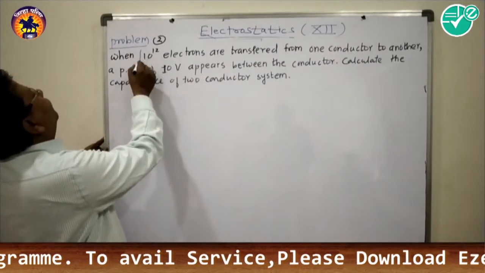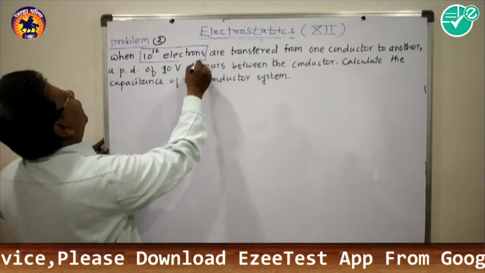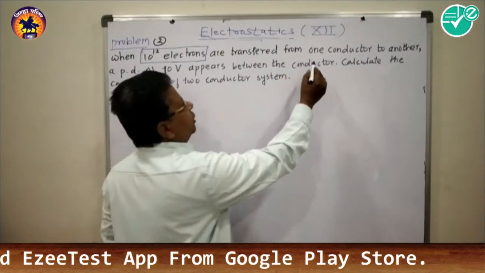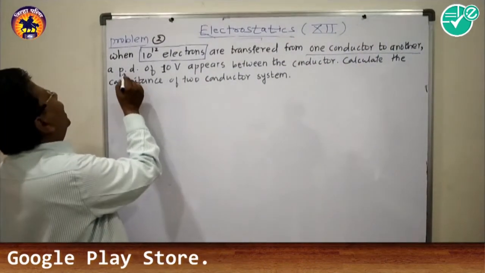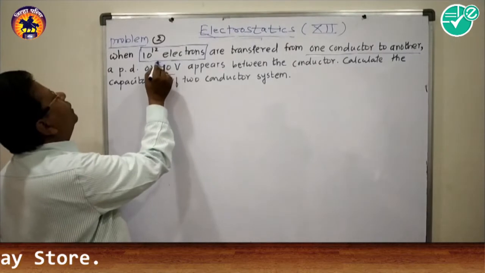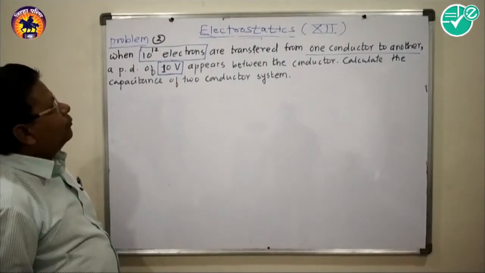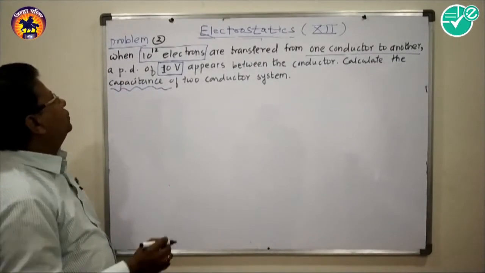In this problem, 10 to the power 12 electrons are transferred from one conductor to another, and due to that a potential difference of 10 volt is developed. And we want to find the capacitance of the two conductor system.